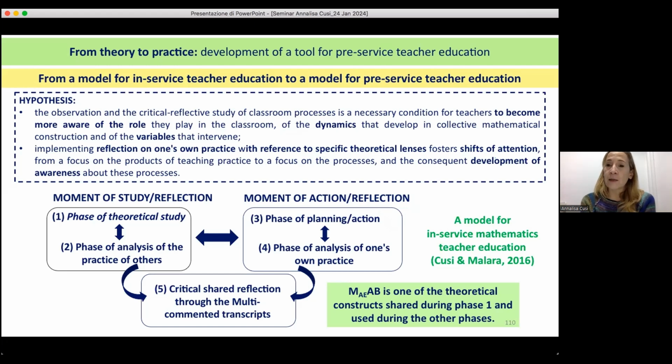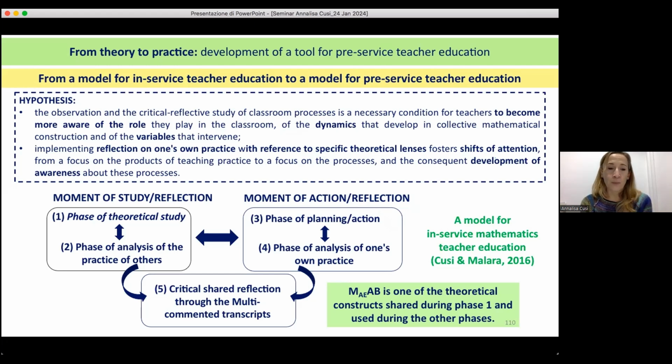In the third phase, the teachers plan activities and implement them in their classes. In the fourth phase, they analyze the data from their teaching experiments, so they analyze their own practice.